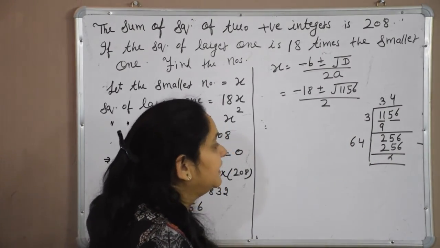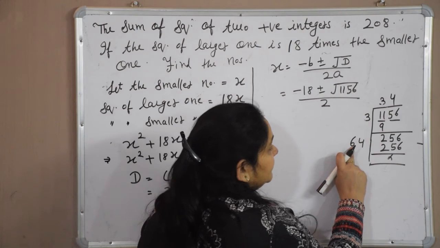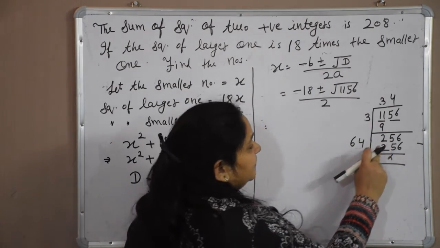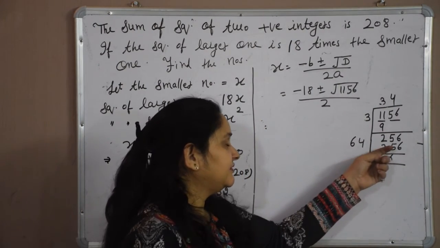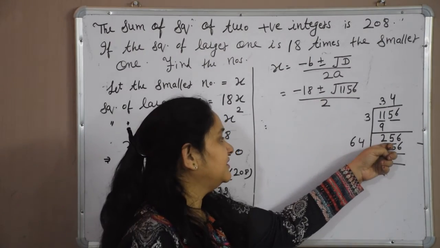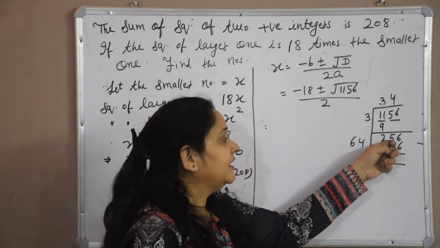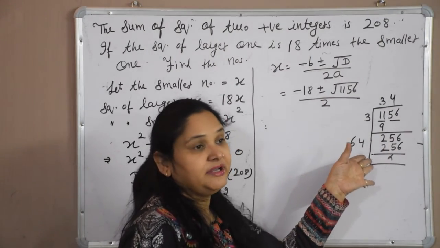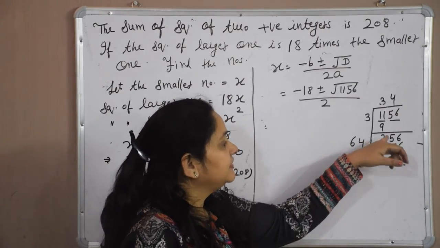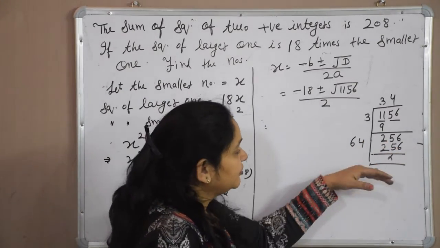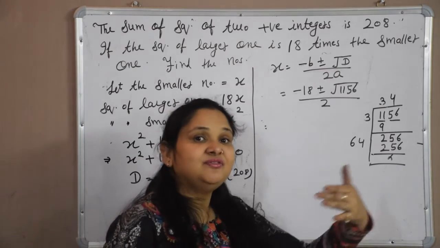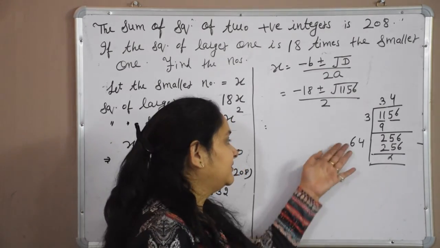How can we see, like in division we were checking, we were dividing 6 up to 25. 6 1s are 6, 6 2s are 12, 6 3s are 18, 6 4s are 24, 6 5s are 30, which is greater than this 25. So we will use 6 4s are, and if it is appropriate we will use 4. Otherwise we will come to the smaller number 63.